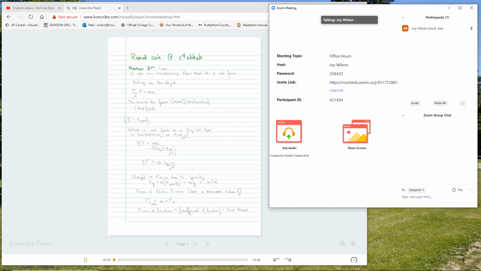Newton's second law says that if you are accelerating, there must be a net force acting on the object.